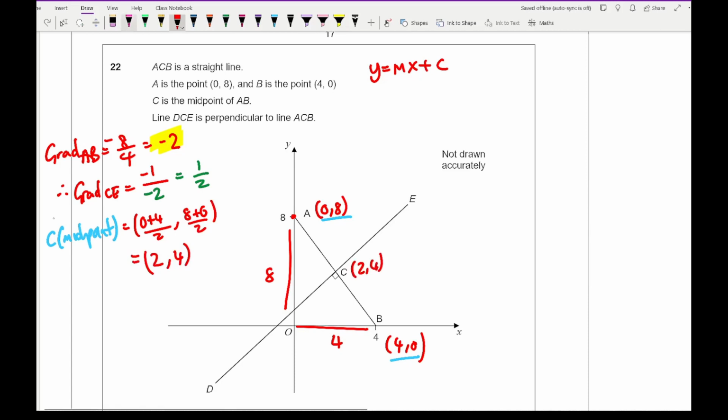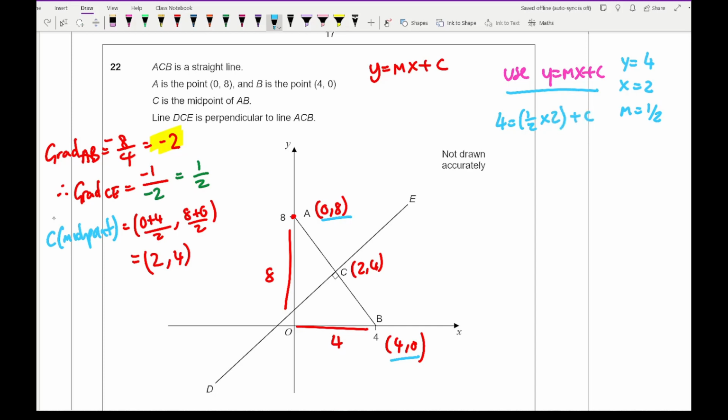Now from this, you can use y equals mx plus c, and we need to find c first. So here we've got y equals the y ordinate of C, which is 4, x equals the x ordinate, which is 2, and m equals 1/2. Substituting this in, we get 4 equals 1/2 times 2 plus c.